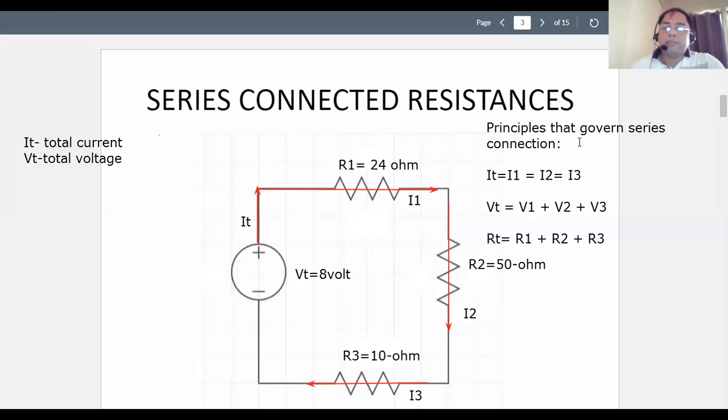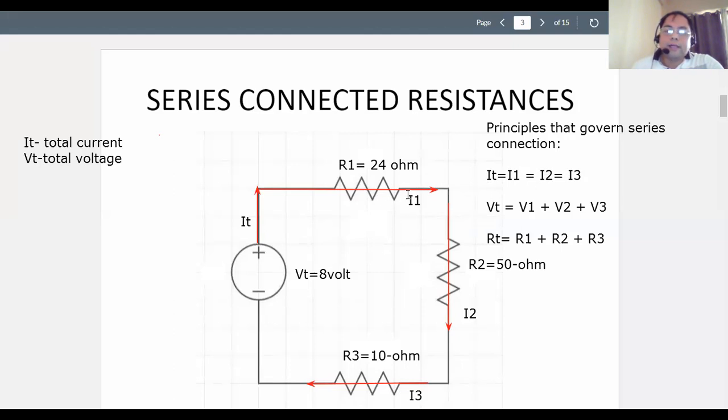What we have here is a summary of the principles governing series connected resistances. Since we identified I1, I2, and I3, we see that the current simply enters and gets out of a resistance, and passes through to the succeeding resistance without ever changing. So we can conclude that the first principle for series connection is that the currents are all equal to one another.